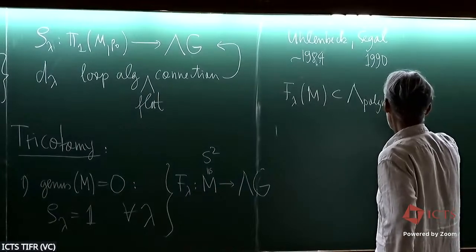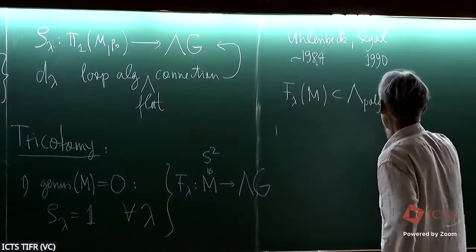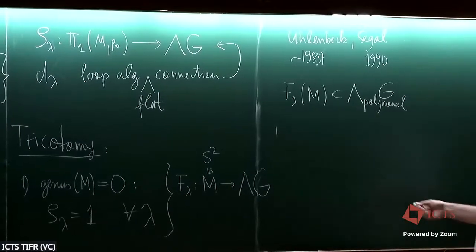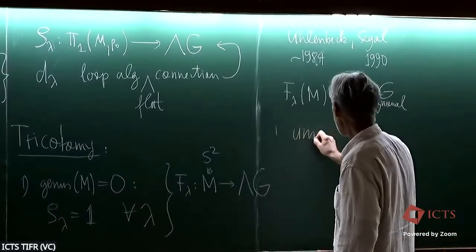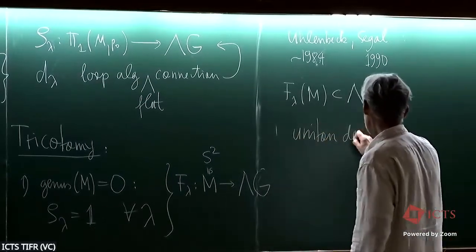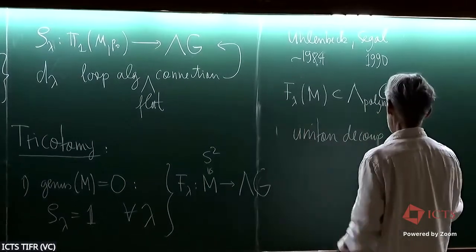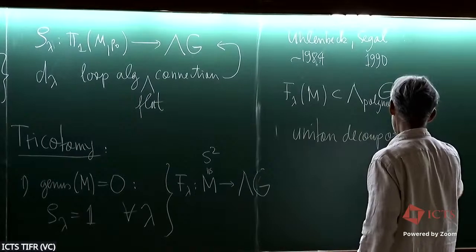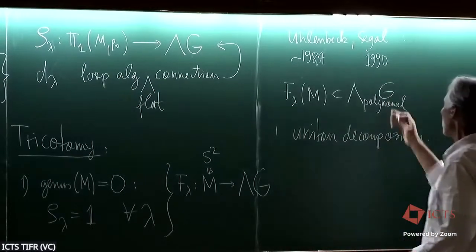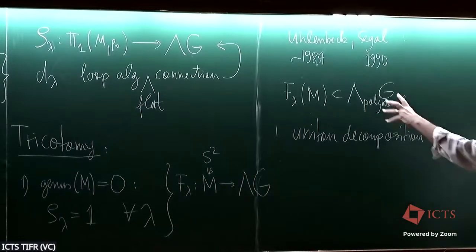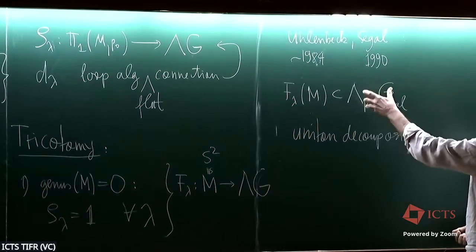Polynomial loop group of G. So this means if you look at the loops, they're just polynomials in lambda. And that is the famous unitón decomposition, which Uhlenbeck proved, and then Segal reproved by this theorem here, decomposition. Now this theorem relies a bit on the fact that you have to study this loop group.